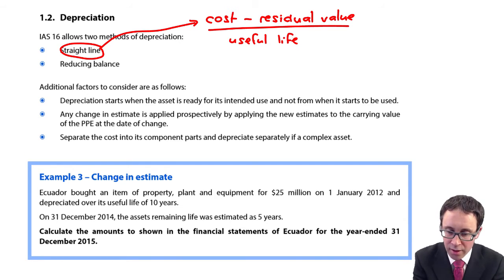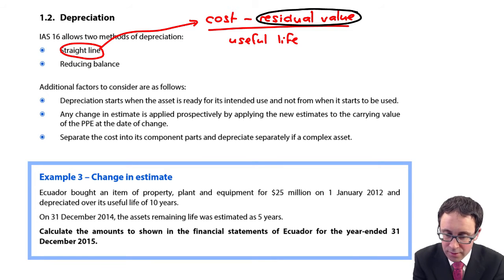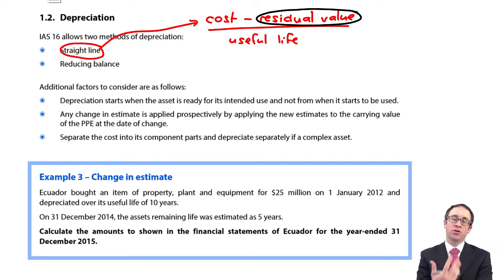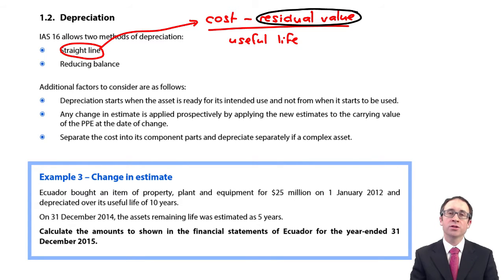Make sure that if you are given a residual value in a question and it's straight line depreciation, you deduct the residual value from the cost to work out the depreciable amount and then depreciate that amount over the useful life. That should result in equal amounts of depreciation every single year. You usually see this for plant and equipment, land and buildings.